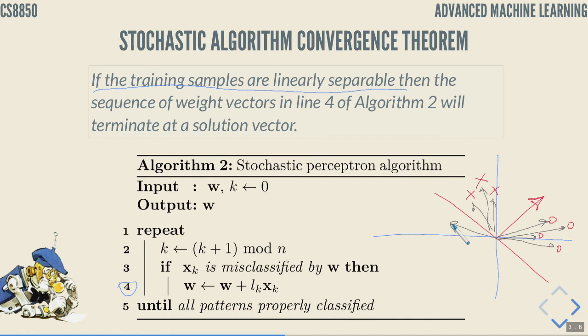But then, if there is one point on the negative side, that is, L_i W transpose X_i is less than 0, we just make a step and quickly, not smoothly, change the location of the hyperplane. And then do it again, because now all of those three are misclassified.